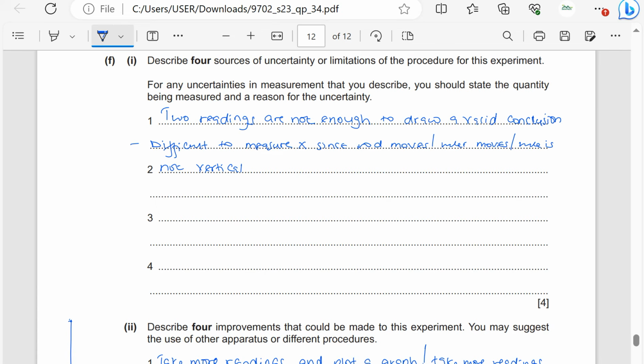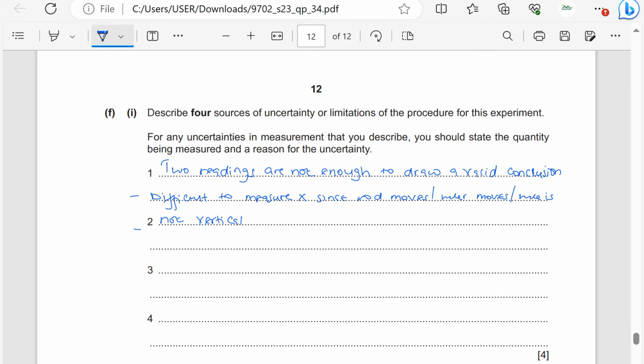Number 3, the difference between x1 and x2 was too small. This gave a large percentage uncertainty in x1 minus x2.